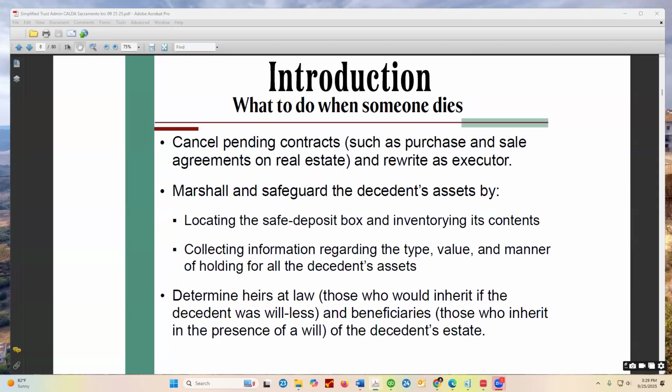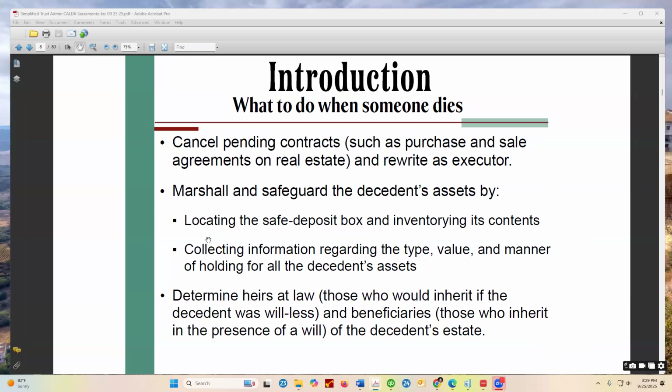So oftentimes you cancel certain pending contracts or go through with them. Say if you're in the middle of a real estate transaction, you might end up having to rewrite a real estate purchase contract so it shows the trust as trustee or executor.